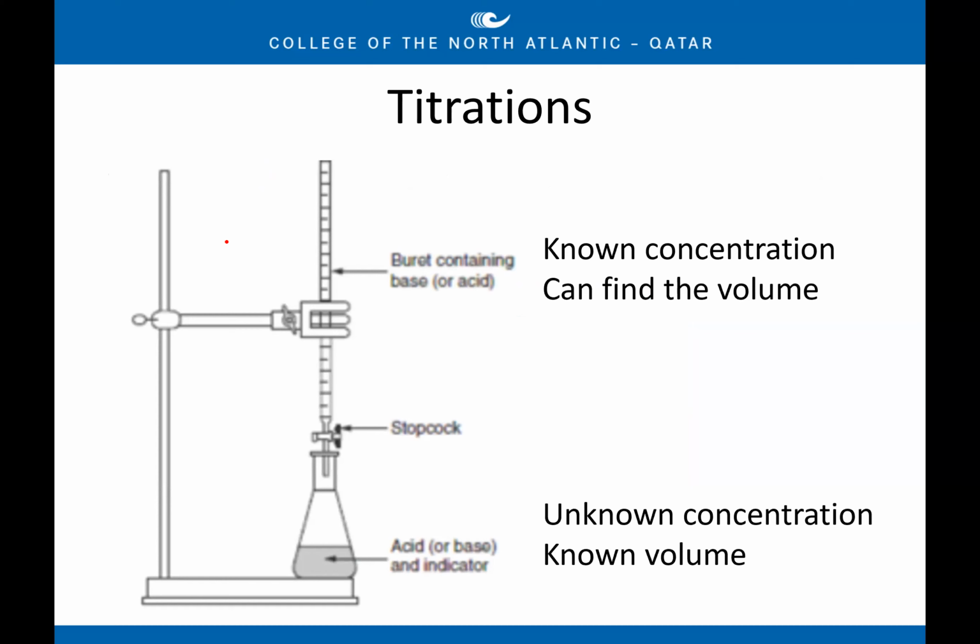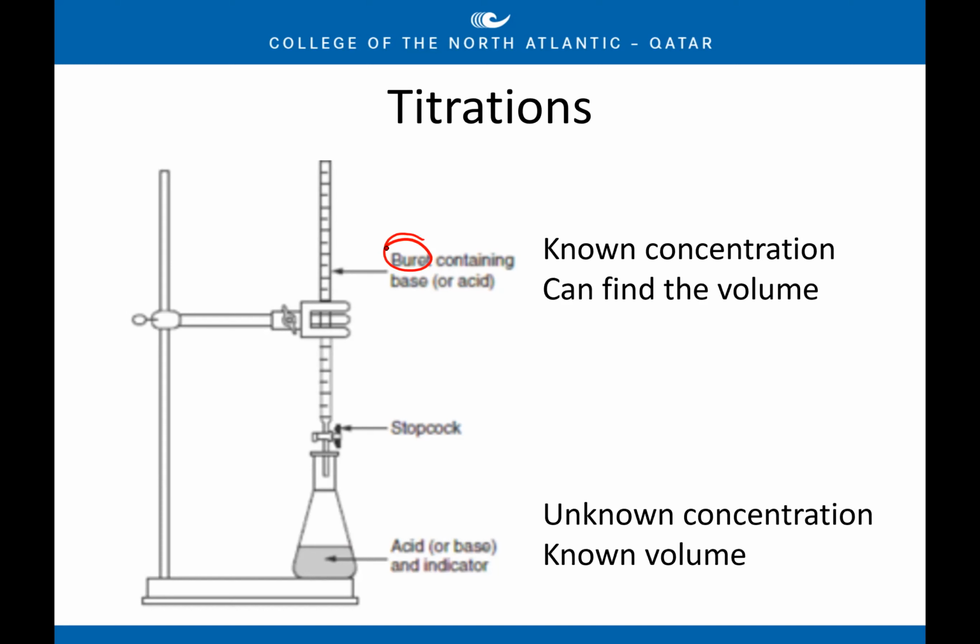So the way a titration works, and you'll see this in the lab next week, this is one of the few times in this course where you'll actually do the lab after the course information. You use this setup where you have 2 pieces of glassware. You have a burette.